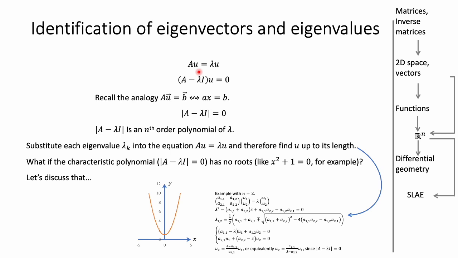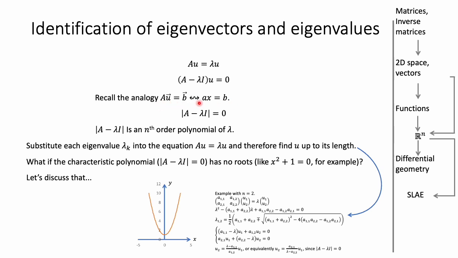And then let's think what we can say about lambda from this new equation. We first recall this analogy between the linear set of algebraic equations and a simple algebraic equation a times x equals b, where a, b, and x are numbers.